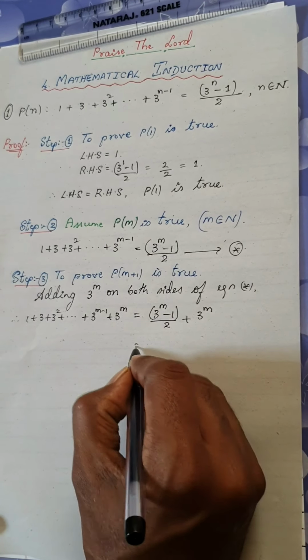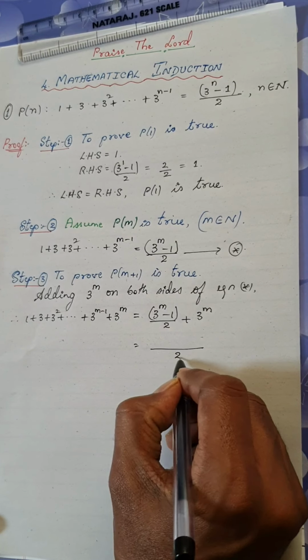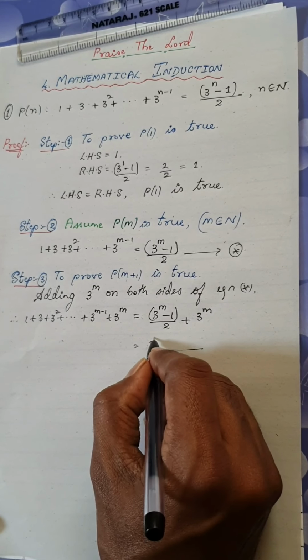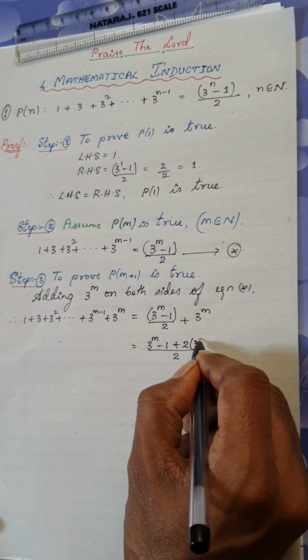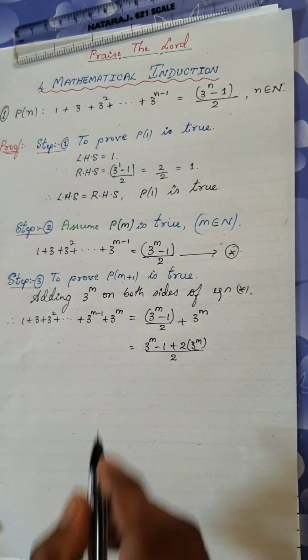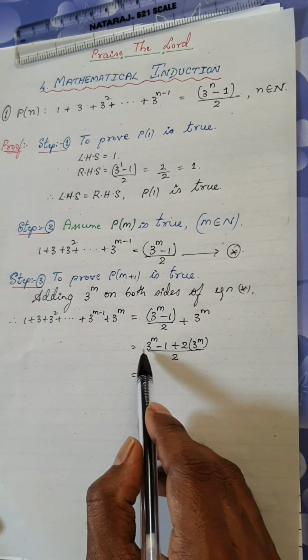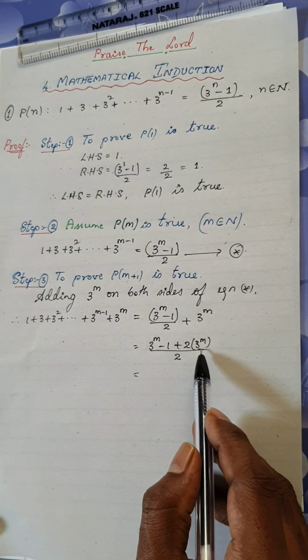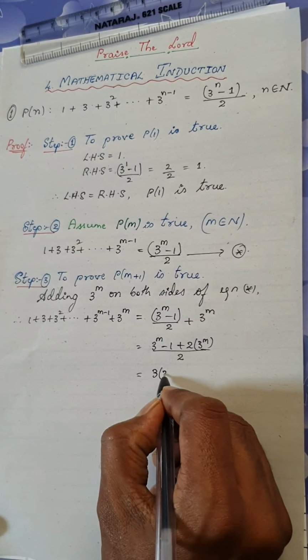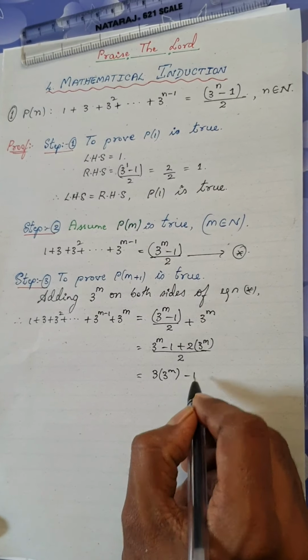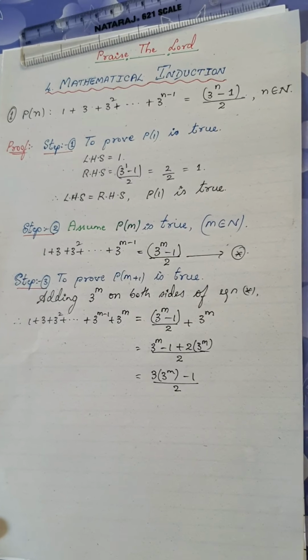Now let us take the LCM, which will be 2. So you will get 3 power m minus 1 plus 2 times 3 power m. This is 1 times 3 power m and this is 2 times 3 power m. If you add up, you will get 3 times 3 power m minus 1 divided by 2.